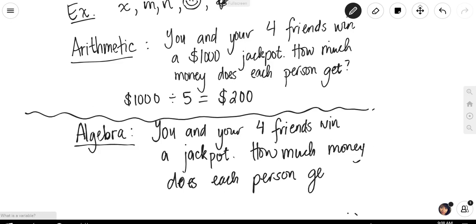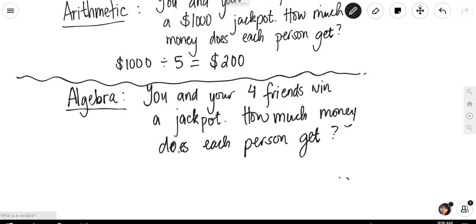Well, you don't know the amount of money in the jackpot, but you can represent it with a variable. So we don't know the jackpot, but we can represent it with the letter J. Whatever the jackpot is, it is represented by the letter J.